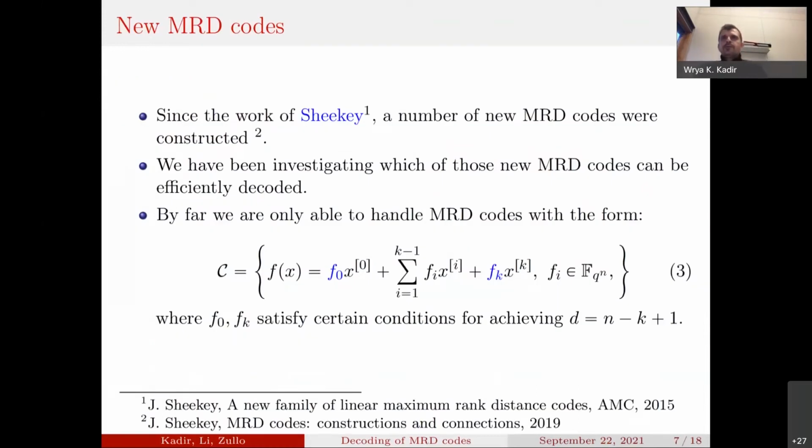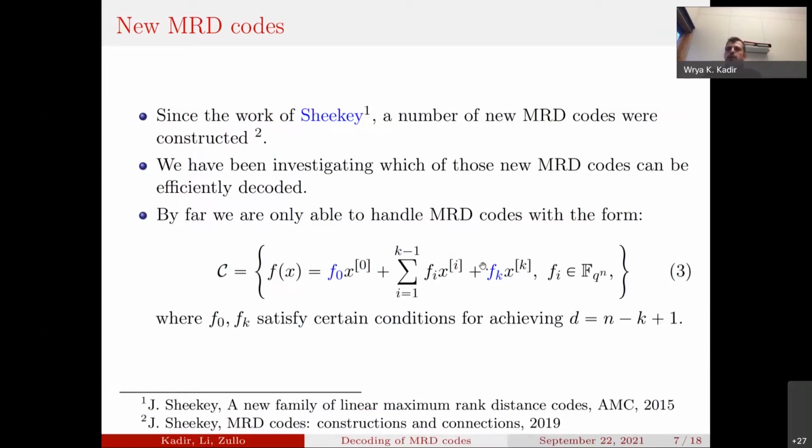But since the work of Sheekey, a number of new MRD codes were constructed, or it's better to say a number of new twisted MRD codes were constructed. We have been working on these new MRD codes and especially on the decoding algorithm of these new MRD codes. So far, we are only able to decode MRD codes of these forms.